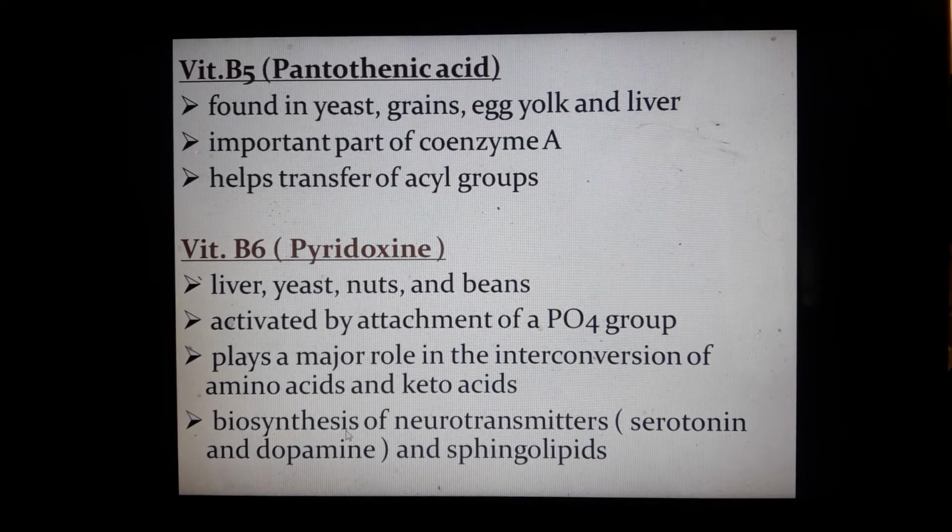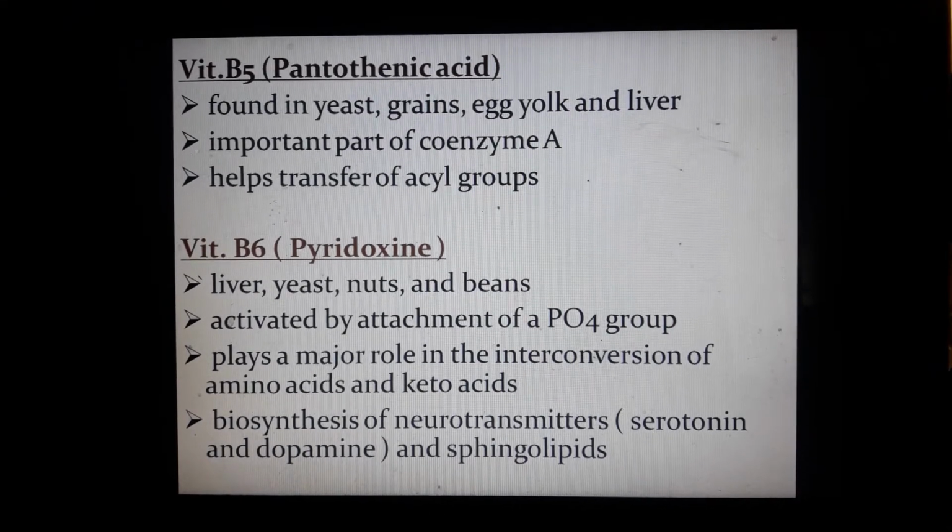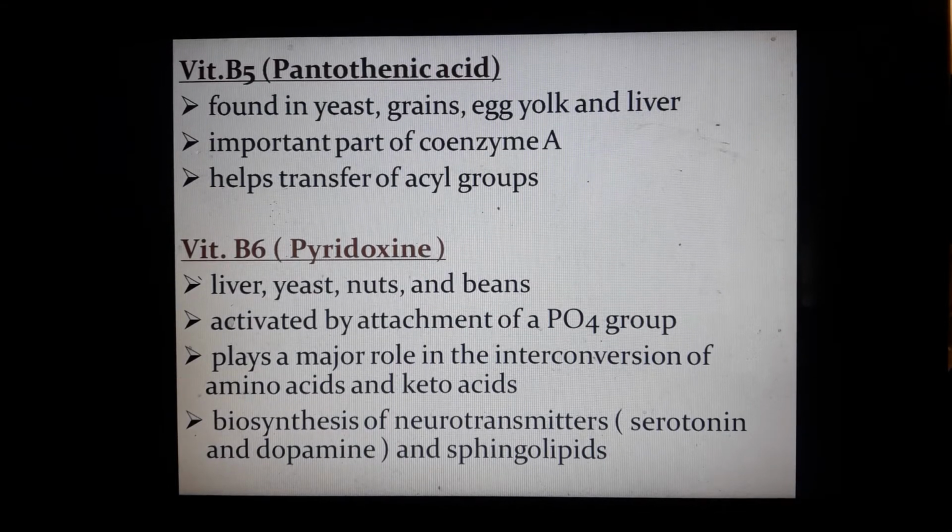So biosynthesis usually involves the resonance activity of a certain compound wherein there is interconversion from double bond to single bond, as certain biomolecules in our body contain double or single bonds. Okay, biosynthesis of neurotransmitters, we have serotonin and dopamine, and sphingolipids. So they act as cofactors. Okay.